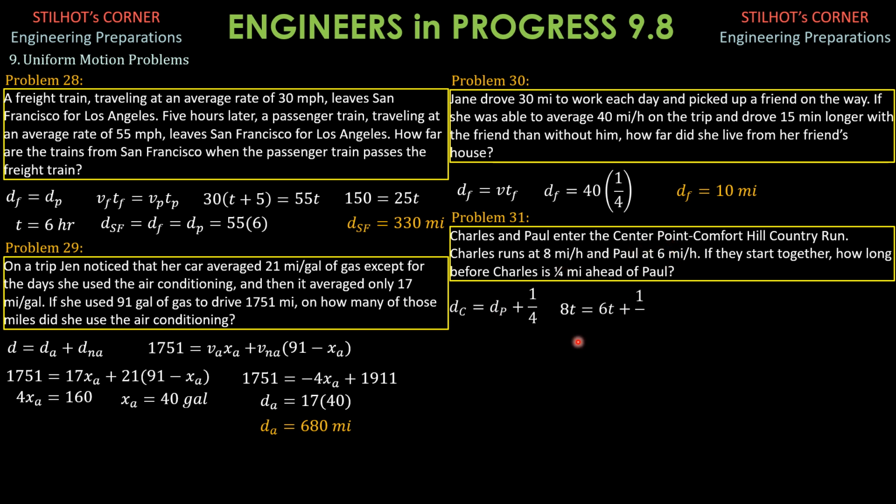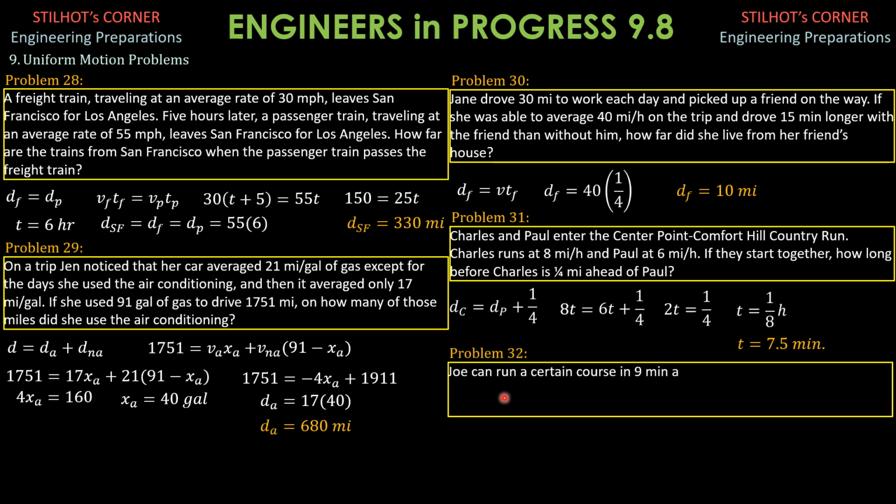So 8t equals 6t plus 1/4. 8t minus 6t is 2t equals 1/4. So t is 1/4 over 2 or 1/8 hour. Times 60, so that we express the answer in minutes, that would be 7.5 minutes.